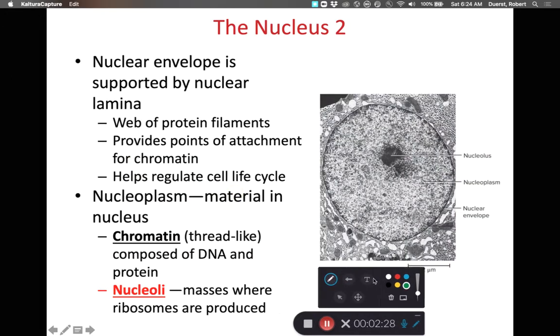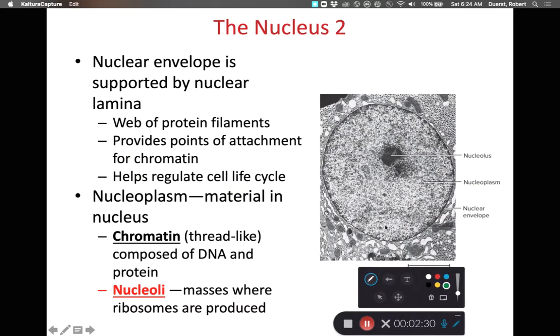As we look at the nuclear envelope, the inside of the nuclear envelope is going to be supported by the nuclear lamina. That nuclear lamina is a filamentous web that goes right on the inside of the nuclear envelope, and it provides an attachment point for something called chromatin.